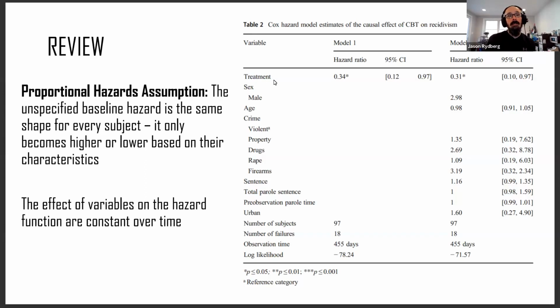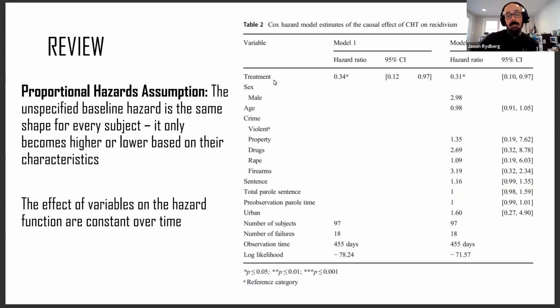So again, if you are presenting a Cox proportional hazards model, I strongly encourage you to present some section, either in the results or in the analytic strategy, in which you discuss the proportional hazards assumption and how you assessed whether or not it's reasonable in this case.